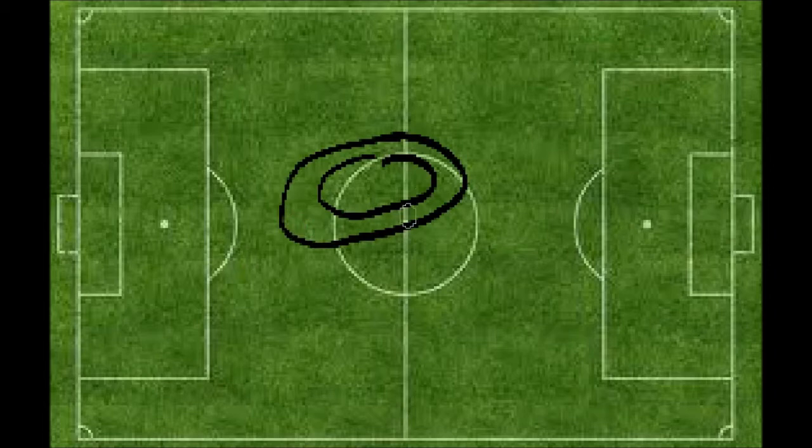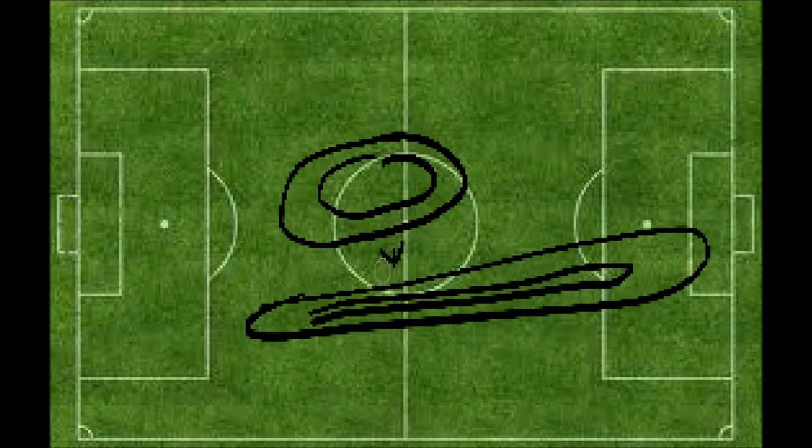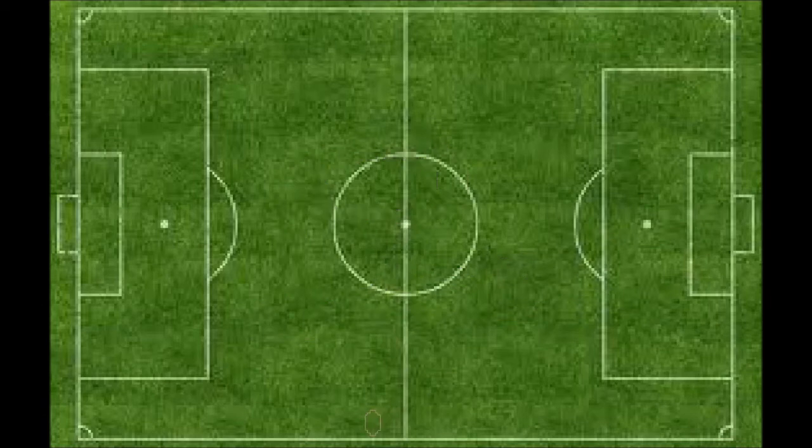This is a very terrible drawing of an elastic band, but that is supposed to be an elastic band. An elastic band can be stretched, and after it is stretched, it gets back to its original shape, and that's what we're going to do here.